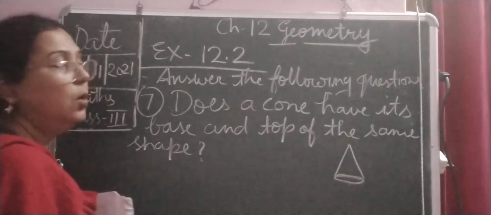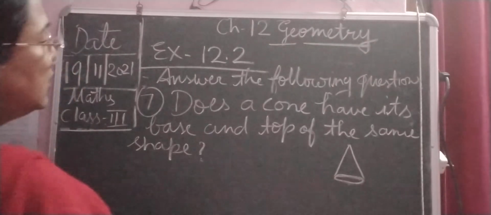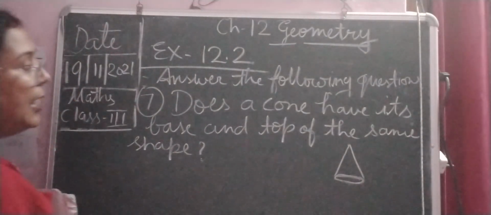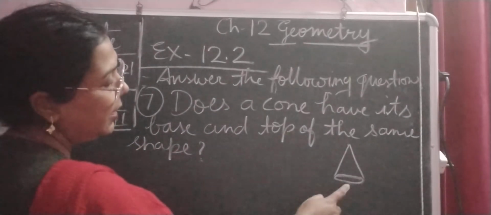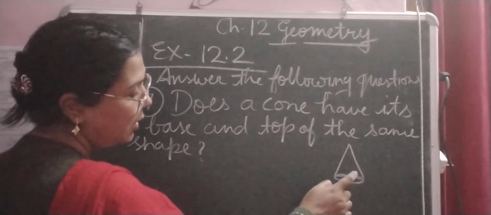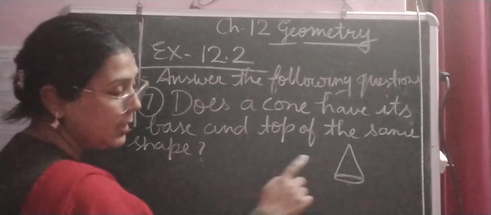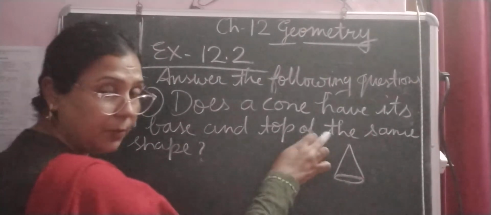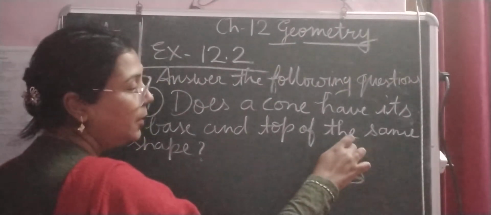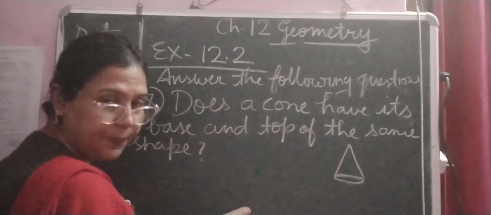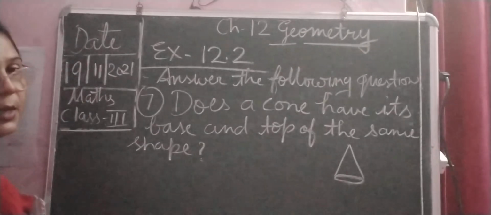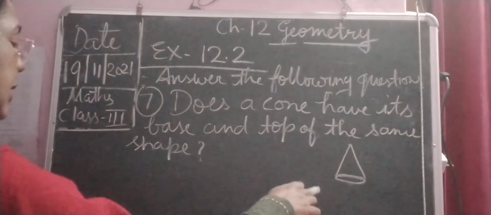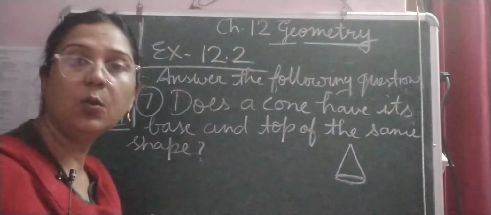So the question is, does a cone have its base and top of the same shape? No children, because the shape of the lower part of this cone is totally different from the upper part, because the upper part has a vertex, and here there is no vertex.